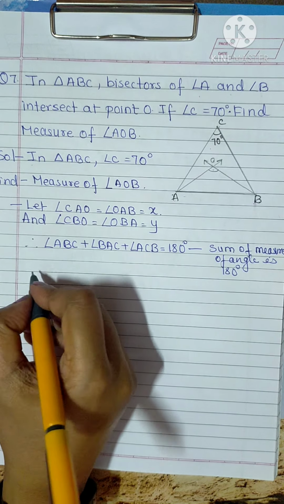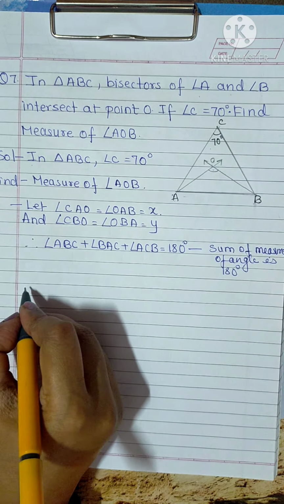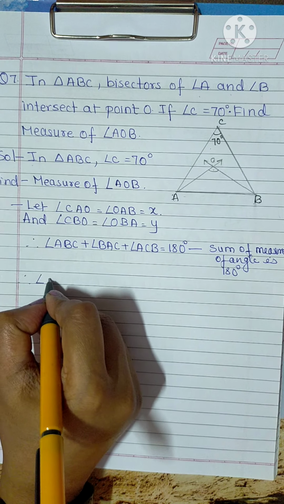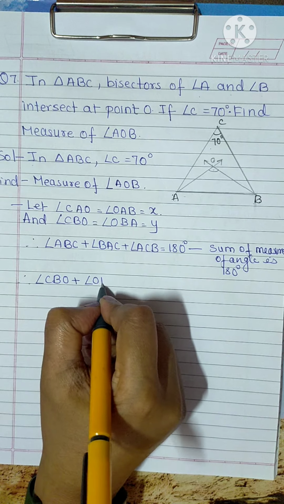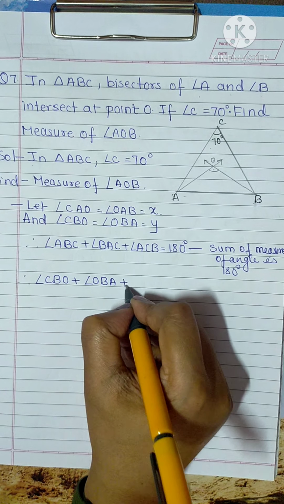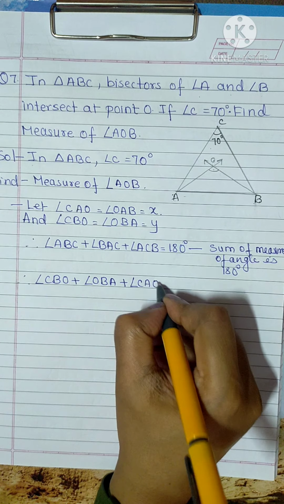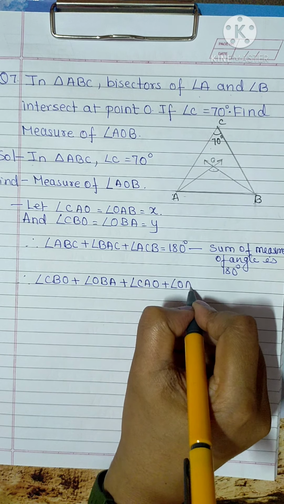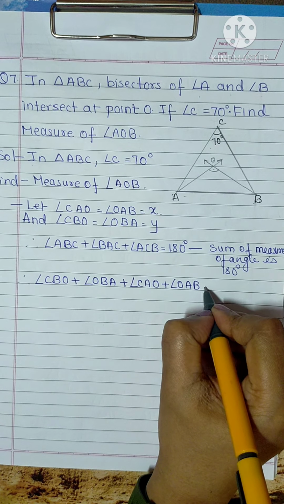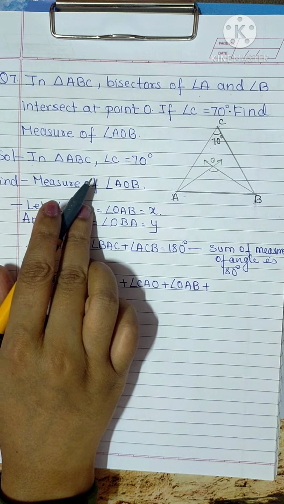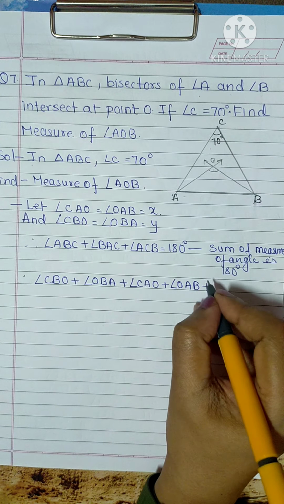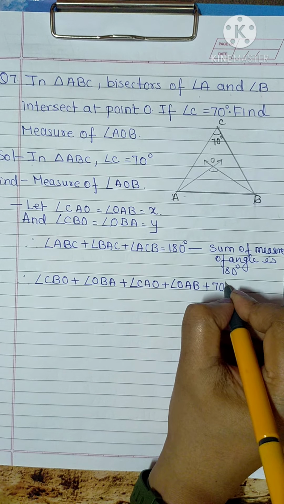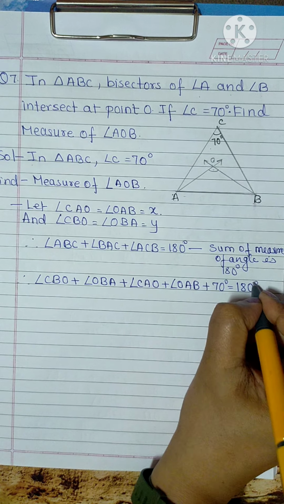Now the same we will take for AOB. Therefore angle CBO plus angle OBA plus CAO plus OAB plus angle C, given as 70 degrees, equal to 180.